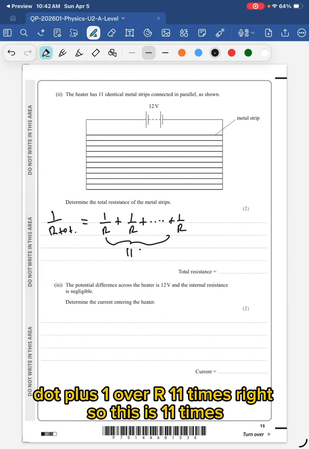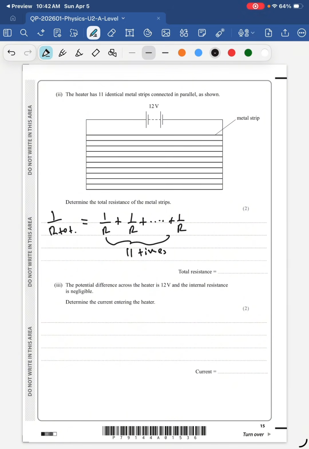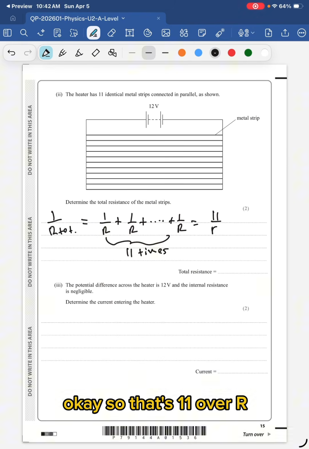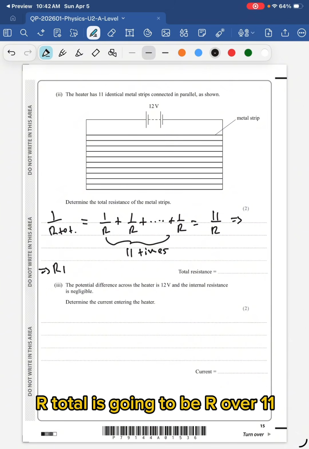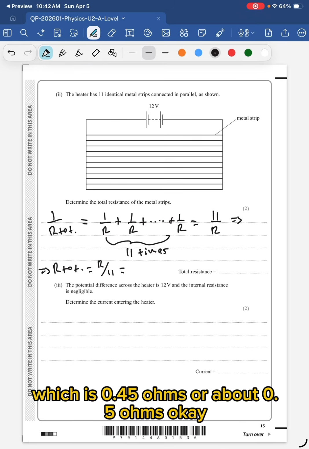So this is 11 times. Okay, so that's 11 over R. So the total resistance R total is going to be R over 11, which is 0.45 ohms, or about 0.5 ohms.